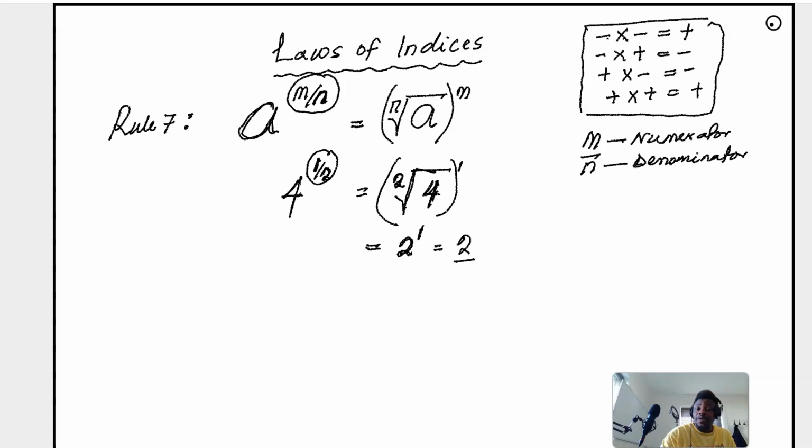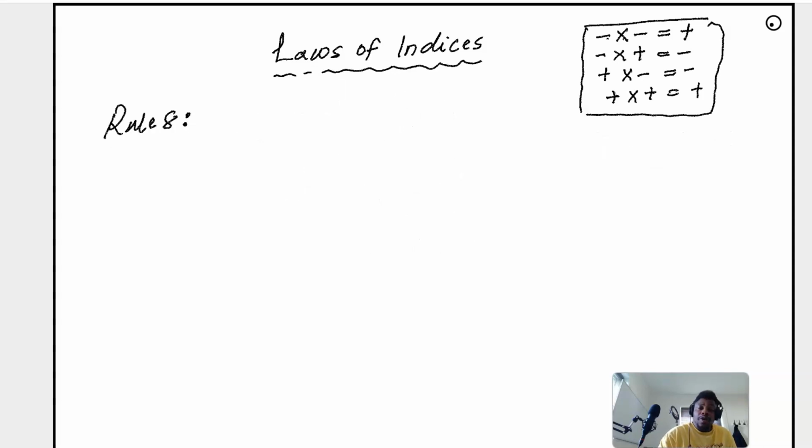Let's go to the next rule of indices. Now, rule 8. A raised power minus m over n. You can see here, this is the combination of 2 rules. The rule 7 that we just did, and the negative part of the power. So in this case, all you want to do here is that you know already when you have a negative on the power side, it means 1 over, right?